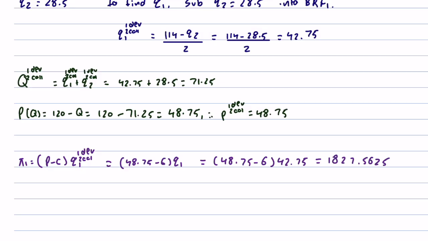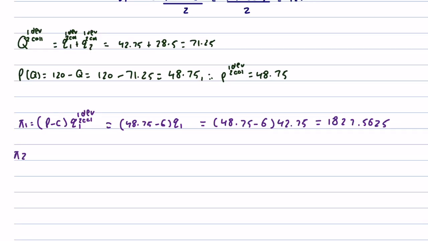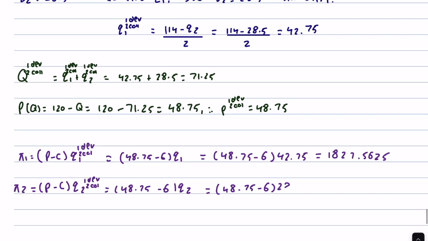So therefore, profit 1 given firm 1 deviates and firm 2 colludes is equal to 1,827.5625, right? And we know that profit 2, given that firm 1 deviates and firm 2 colludes, is equal to (48.75 minus 6) times Q2, which is (48.75 minus 6) times 28.5.